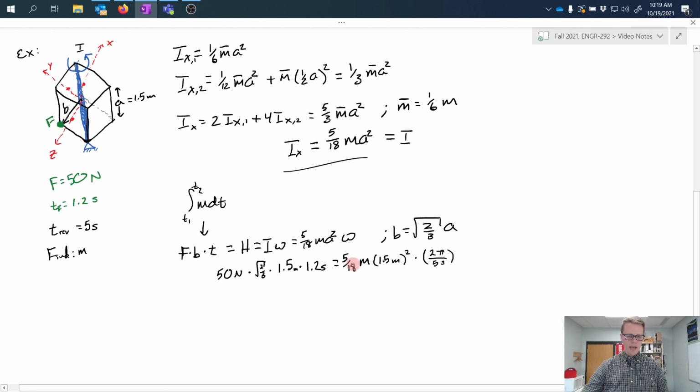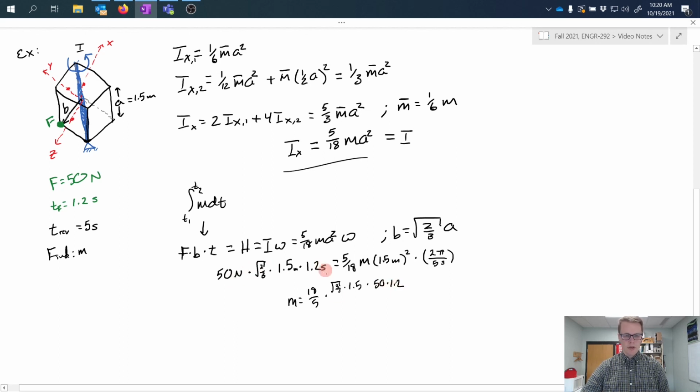And now we have an equation with basically everything in terms of numbers except for the mass that we're ultimately trying to solve for. So we can go ahead and rewrite this in terms of mass, and we get 18 over 5 times root 2/3 times 1.5 times 50 times 1.2.